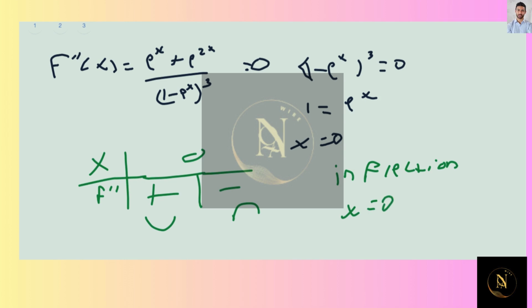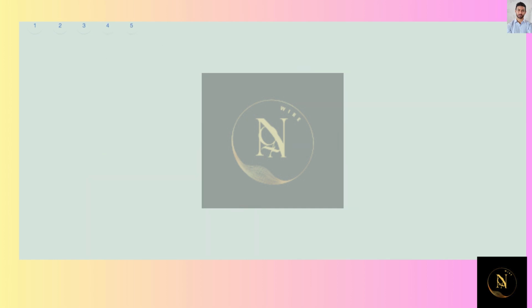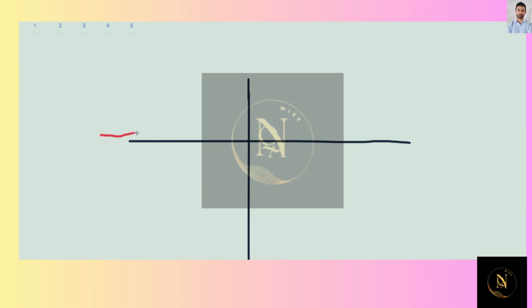So now we have enough information to draw the graph of our function. As it goes to negative infinity, it approaches 0. So it will come from 0, and then it is concave up, so it's going to increase, and then it'll go off to infinity because x equals 0 is the vertical asymptote.